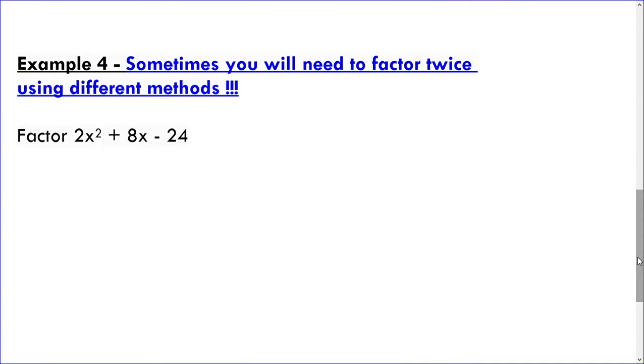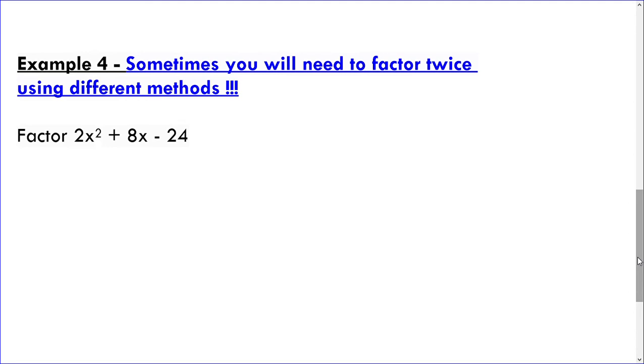Now here, and again, if you haven't tried this, I encourage you to pause the video and give it a try. It says sometimes you'll need to factor twice using different methods. So in this case, I have 2x squared plus 8x minus 24. The first thing that you should always think about is, do I have a common factor? Is there something in common here I can take out?